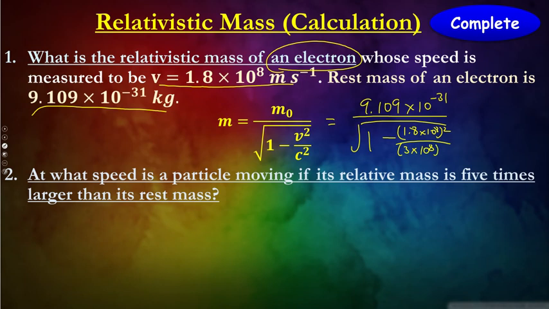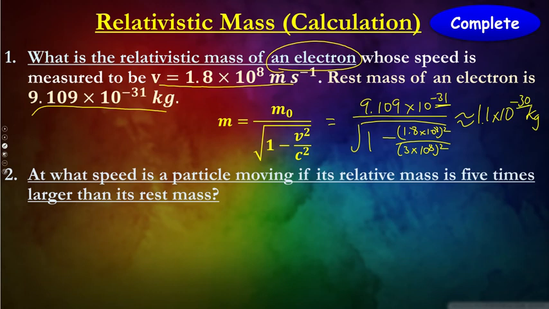Remember, the speed of light is given in your formula sheet, so I'll always reference that if you're not sure. The final answer I get, if I round it off to 2 sig figs, is 1.1 times 10 to the power of minus 30 kgs. So it's still a very small mass, but compared to the rest mass of an electron, it's an order of magnitude bigger than when it was not moving.